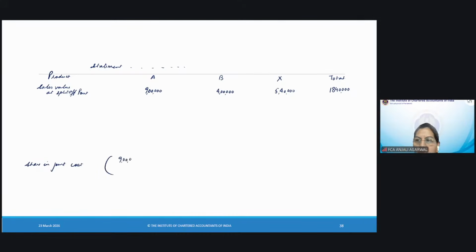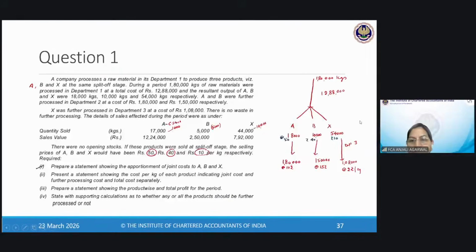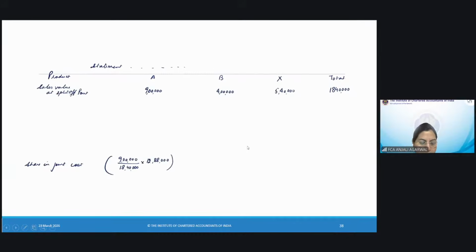Nine lakh divided by 18,40,000 multiplied by 12,88,000. This is how you'll do the calculation, 1288. The share of joint cost that is to be borne by A is 6,30,000.